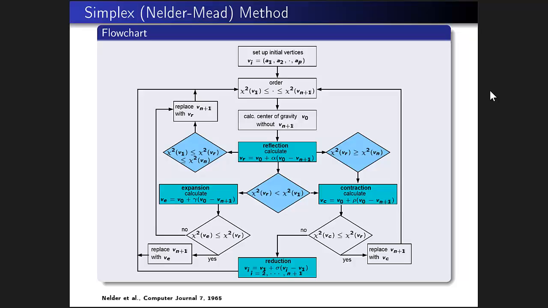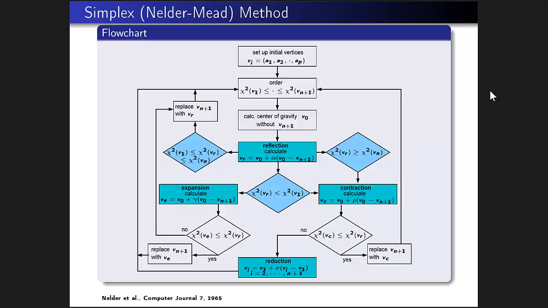So you set up your initial set of vertices. For simplicity, let's just say that's a triangle. Each of the vertices represents a vector of the parameters, so for instance, we're looking for mu a and mu s prime. So we would have 3 pairs of mu a and mu s prime representing the vertices of this triangle.